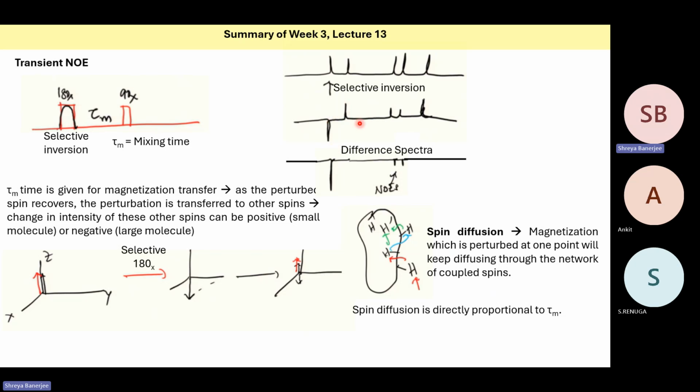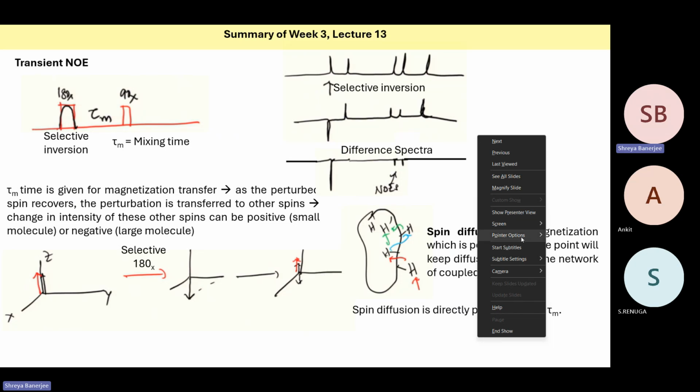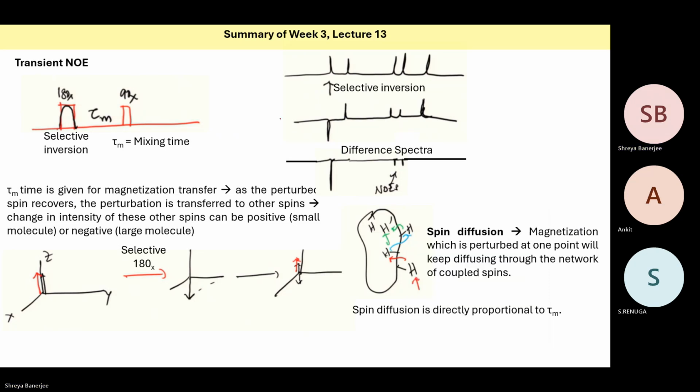Others are the same, or they are affected according to how the perturbation is getting transferred. So if you take the difference spectrum, so this is 2, this is 1, the difference spectrum is 2 minus 1. The one that you are selectively inverting, this signal will come as negative.